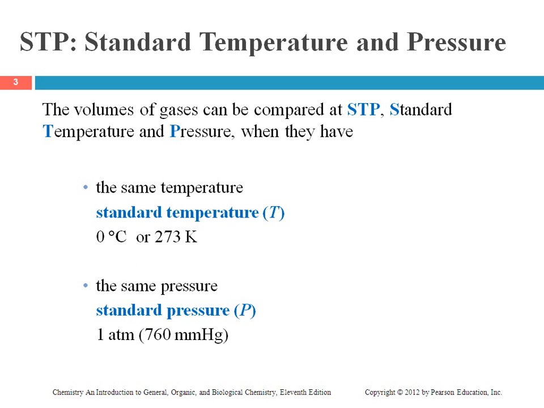It states that the standard temperature for a gas is going to be 0 degrees Celsius or 273 K, which we normally use since we need Kelvin as our units for gas laws. And for pressure, it's 1 atm or 760 millimeters mercury. So if you have a reaction and you're told that it's done under conditions of STP, standard temperature and pressure, then you know that is 273 K and 1 atm.